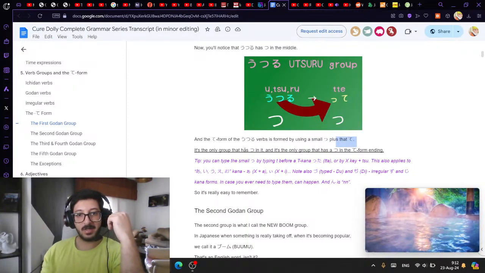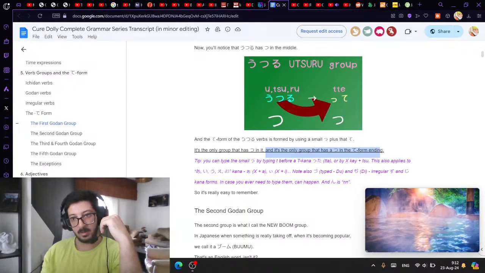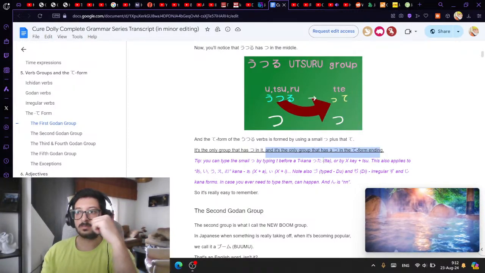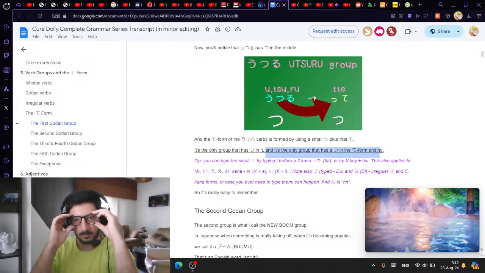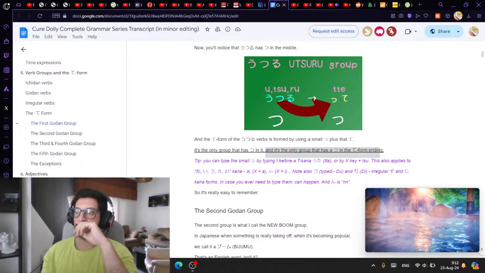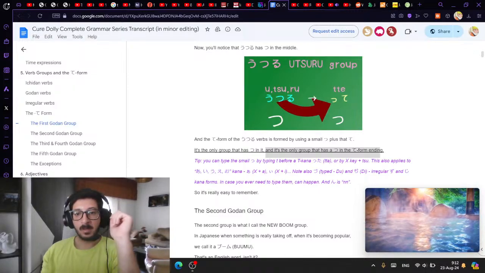It's the only group that has tsu in it, and it's the only group that has a tsu in the te form ending.